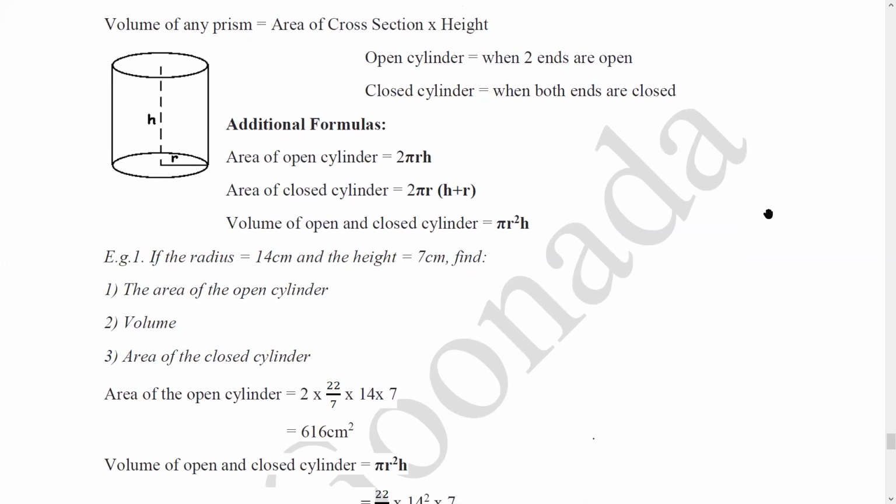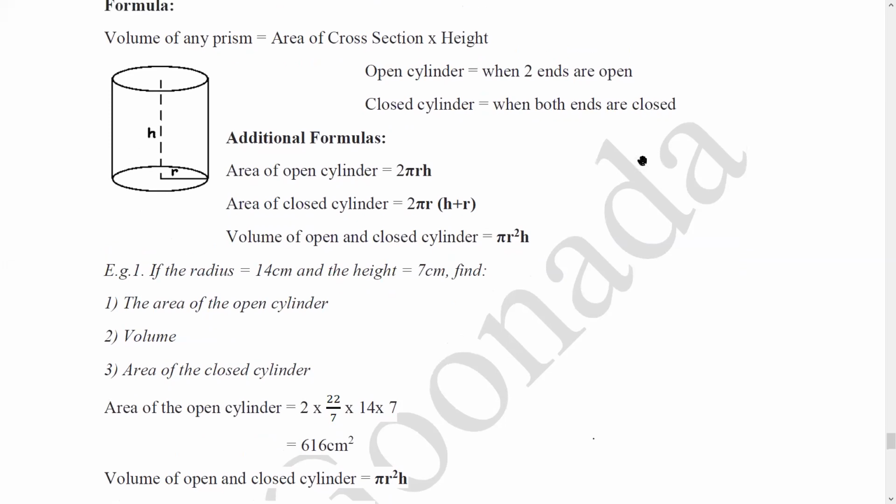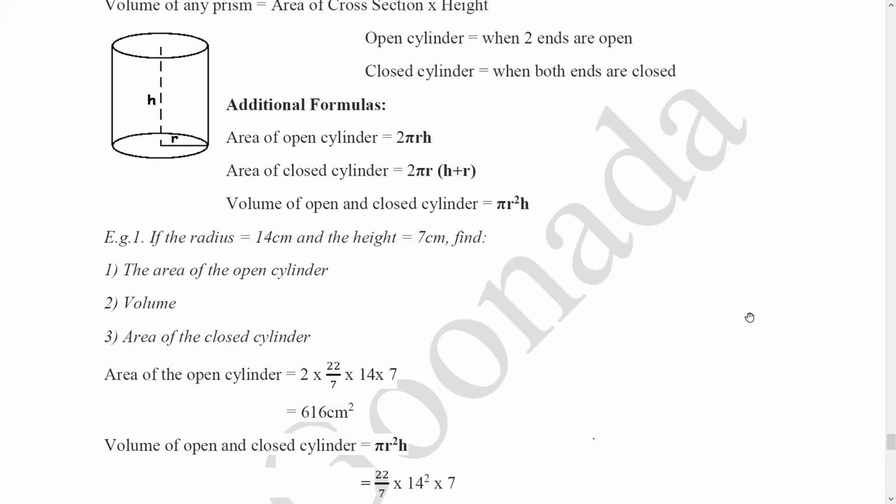Regan, what is the answer for the volume of the closed cylinder? I got 4,312 centimeters cubed. Correct.